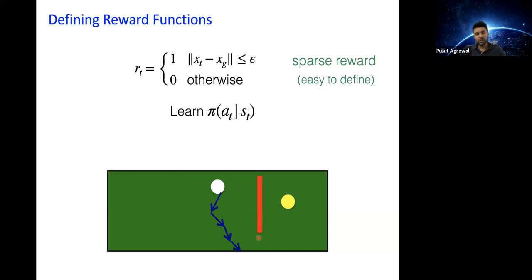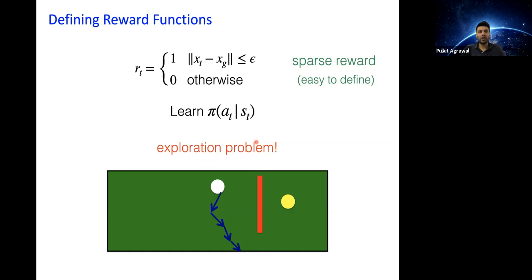And if I get no reward, then there's going to be no update to those actions. So what I'm really hoping is that by performing a sequence of random actions, we actually go and get the reward. So while these sparse rewards are easy to define, there is a big exploration problem.